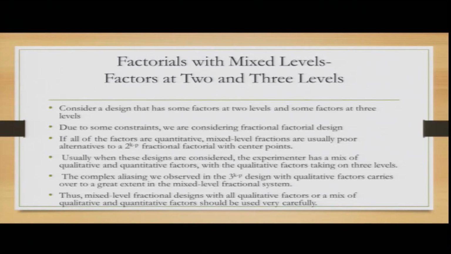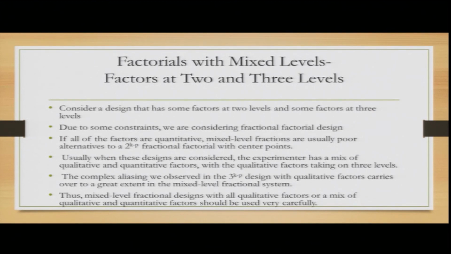Factorial with mixed levels, where factors are at 2 and 3 levels, you will find it accordingly. Consider a design that has some factors at 2 levels and some factors at 3 levels. Due to some constraints, we are considering a fractional factorial design. If all of the factors are quantitative, mixed level fractions are usually poor alternatives to a 2 to the power k minus p fractional factorial with center points.